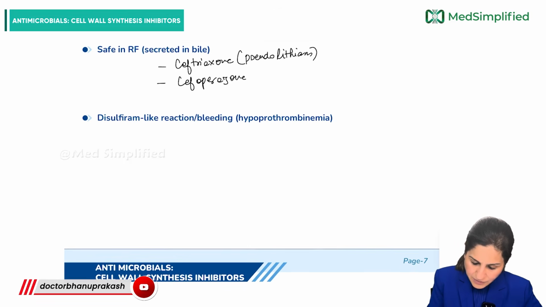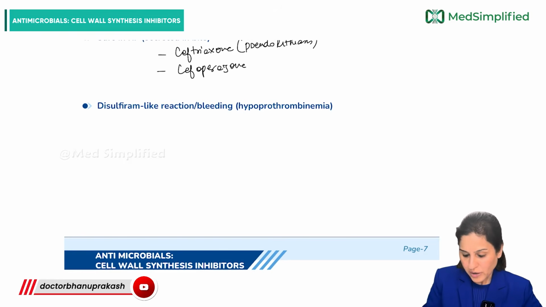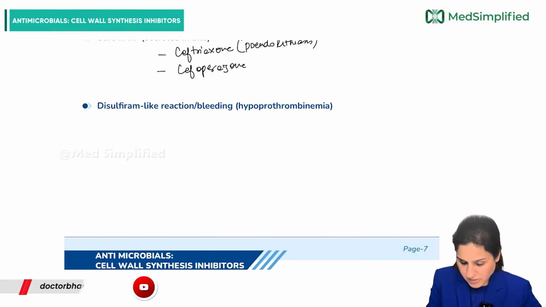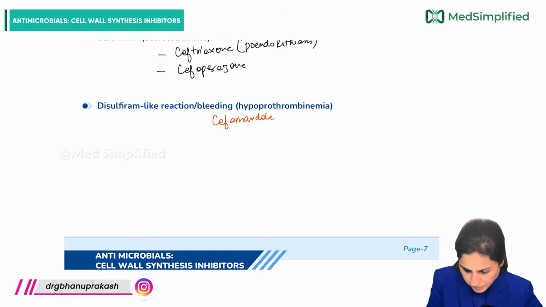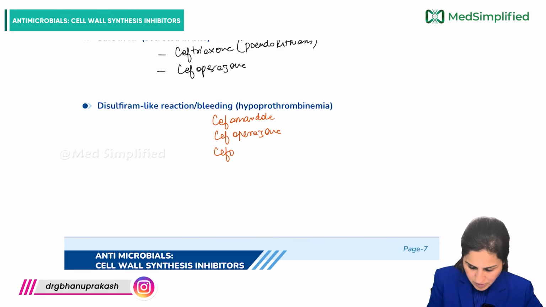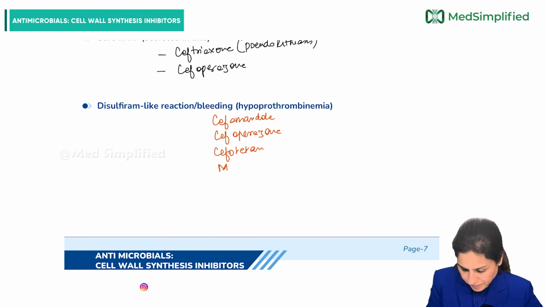Then disulfiram-like reaction or hypoprothrombinemia is caused by cefamandole, then cefoperazone, then cefotetan, and moxalactam.